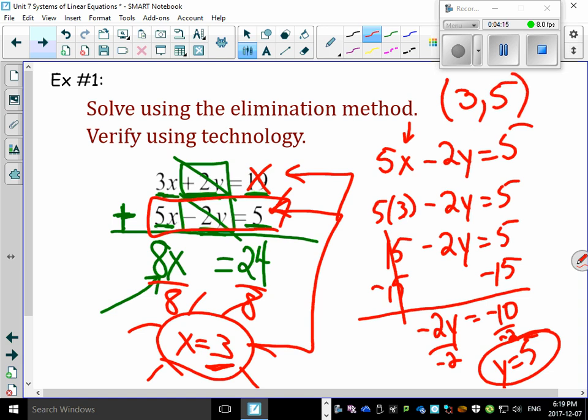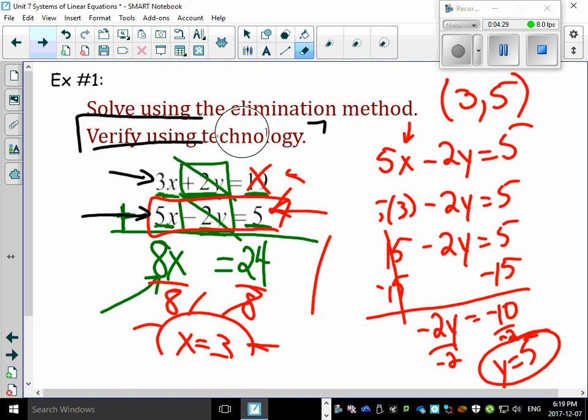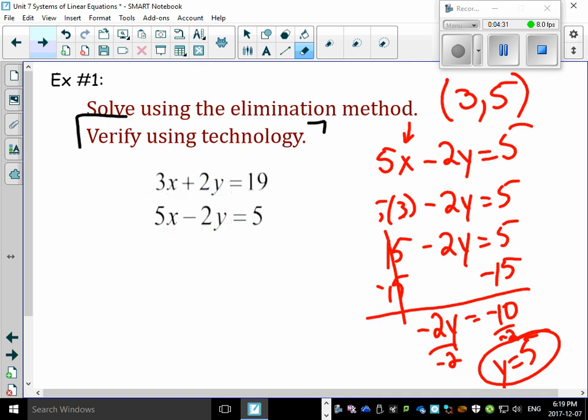Now, you can go out and verify this using technology. Absolutely. But the problem with that is you'd have to convert each one of these to y equals. Well, the question asks us to do so, so we're going to end up doing it. But let's see if we actually get (3, 5) as an answer. So I'm going to take this first equation here and solve it in terms of y equals.